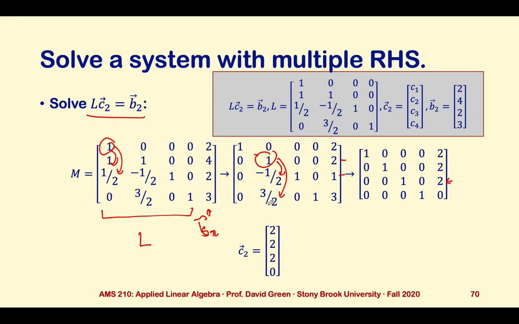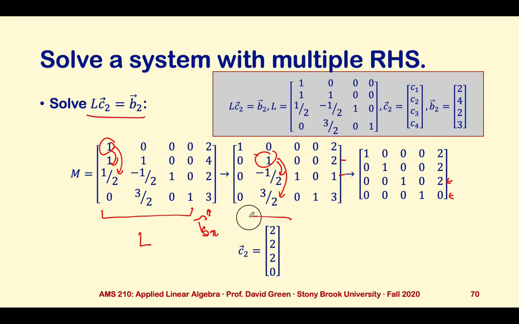For our fourth row, we subtract 3 halves of the second row from the fourth. 3 halves minus 3 halves is 0. 2 zeros means we have 2 unchanged entries. 3 minus 3 halves of 2 is, of course, 3 minus 3, which is 0.